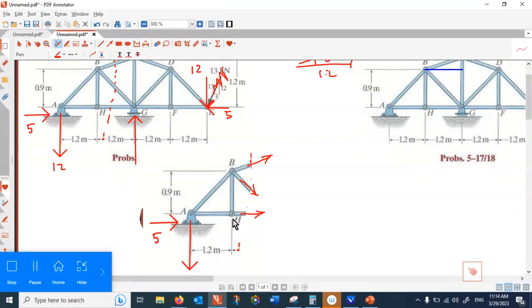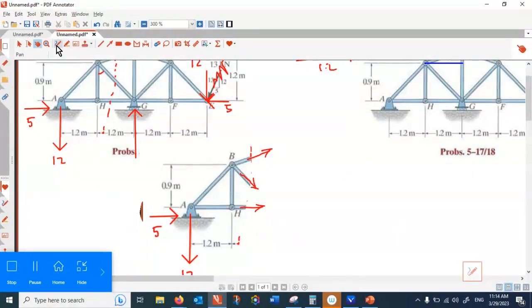Also we need to find that angle. This angle also has to be found later on. This is called FBC. This one is called FBG, and this one is called FHG.